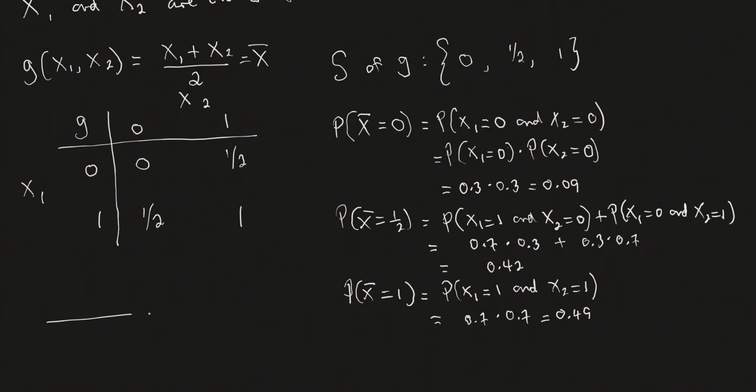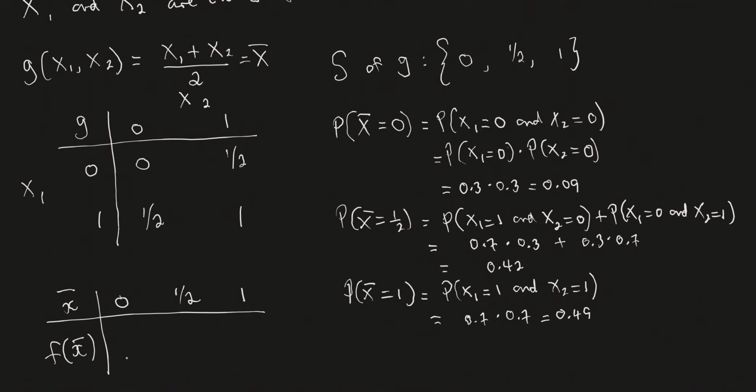So I'm going to do another table, and now I'm going to say x bar, and then this would be f of, well, actually, let me use the little x here, because these are our possibilities like that. And then we know we can get either a 0, a 1/2, or a 1.